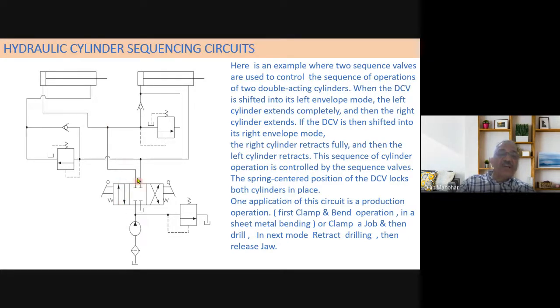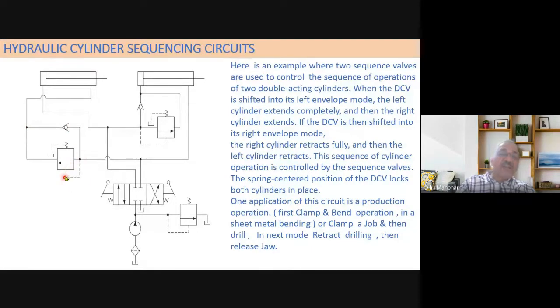The flow is going here to the left envelope. It is going to extend the left cylinder. This flow is coming here from the rod end and going to the check valve. This check valve will open, and the flow will go to this sequence valve.